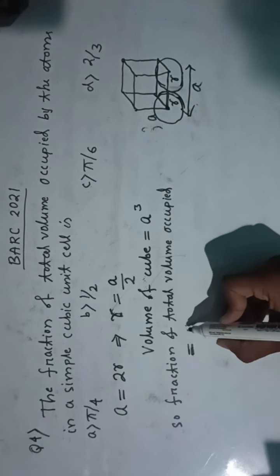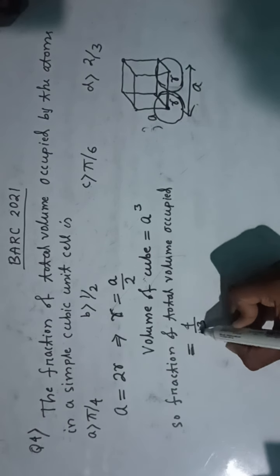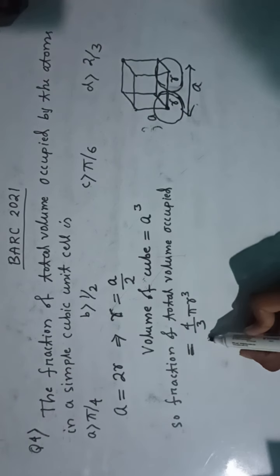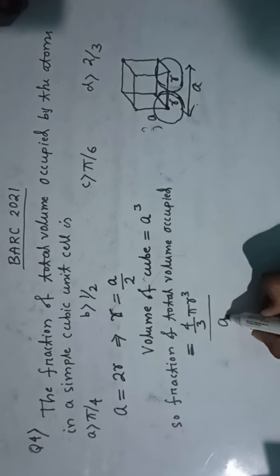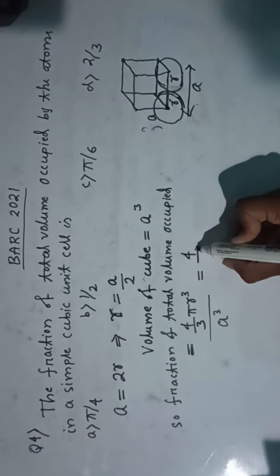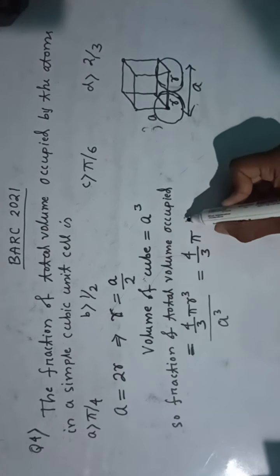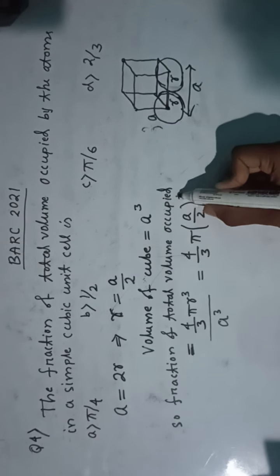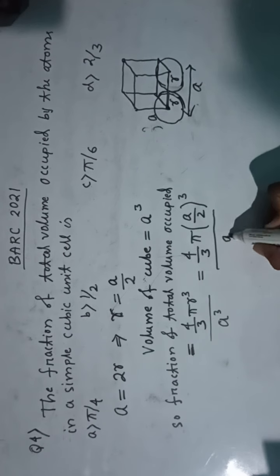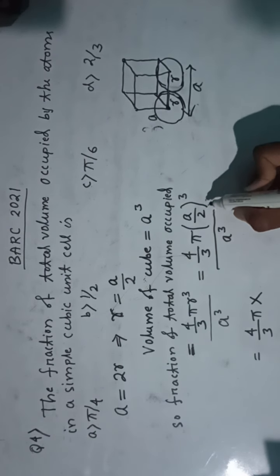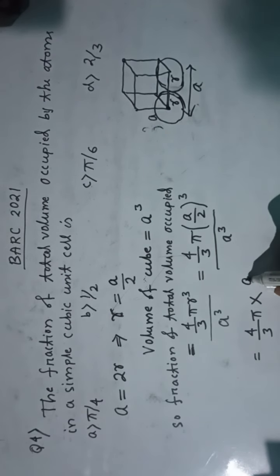So the fraction of total volume occupied is 4/3 pi r cube, the volume of one atom which we found, divided by the volume of the cube, which is a cube. Now we will expand this: 4/3 pi, and r is a/2 here, so (a/2) cube divided by a cube. This will be 4/3 pi into a cube by 8 divided by a cube.